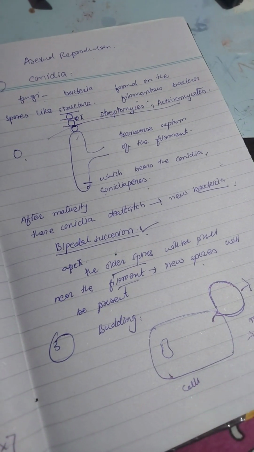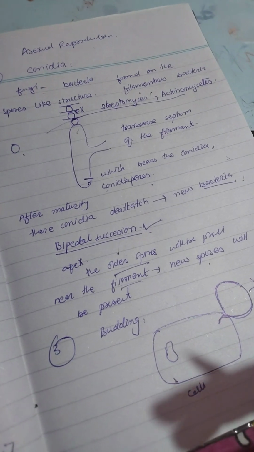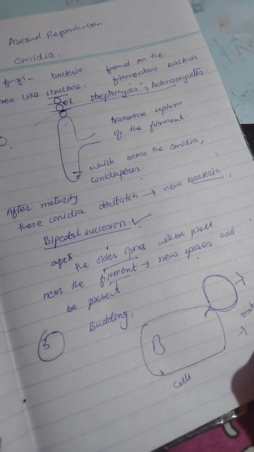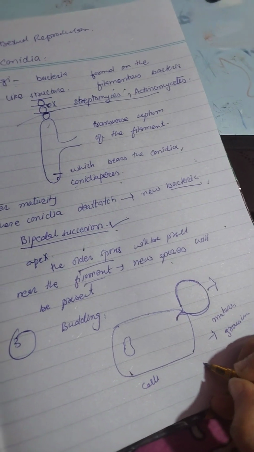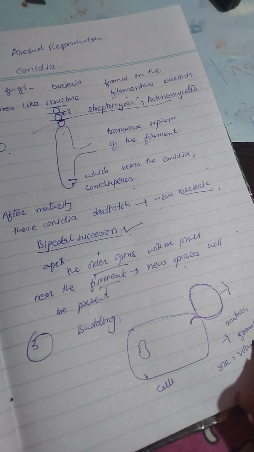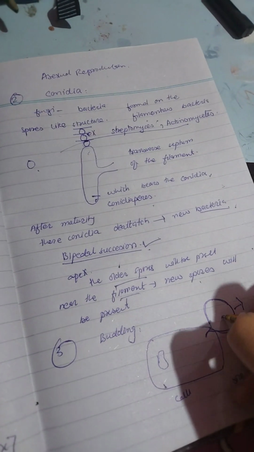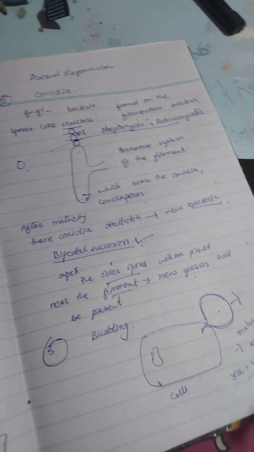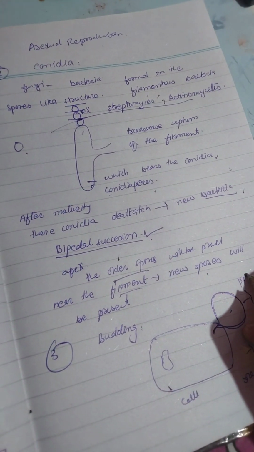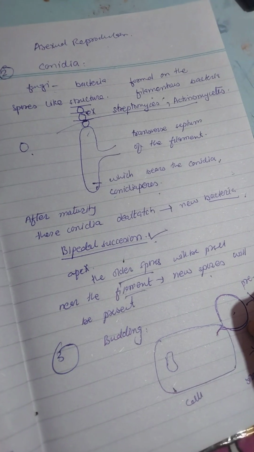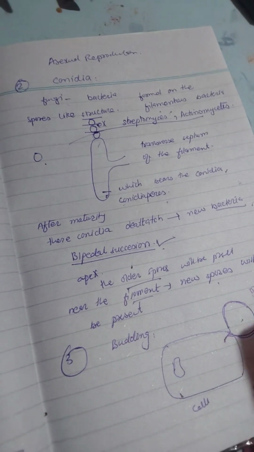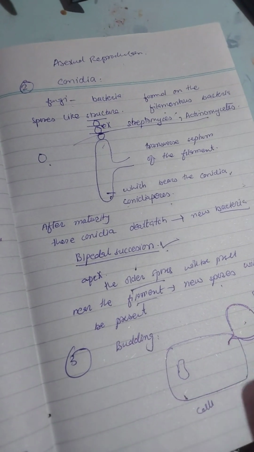It begins to grow in volume and size. This extension, or you can say this bulge-like structure, is known as protuberance, right?